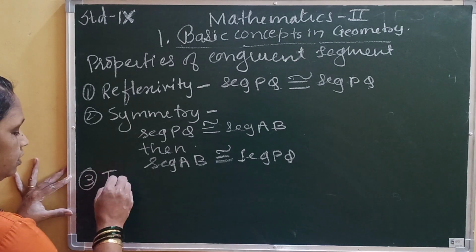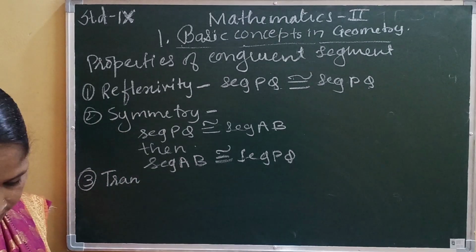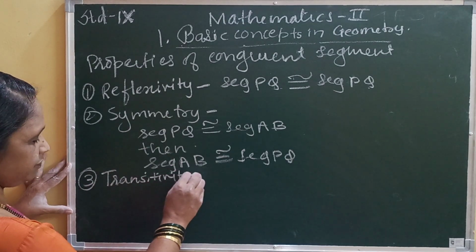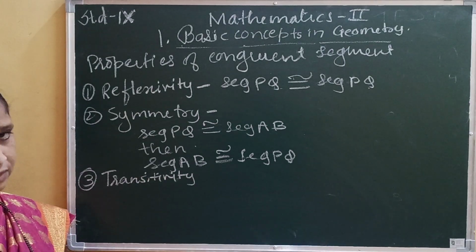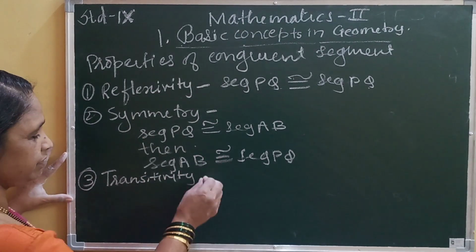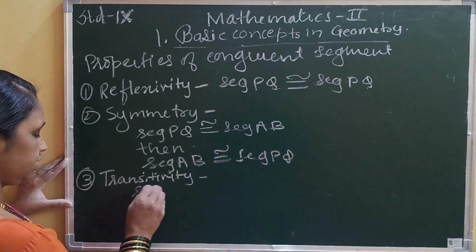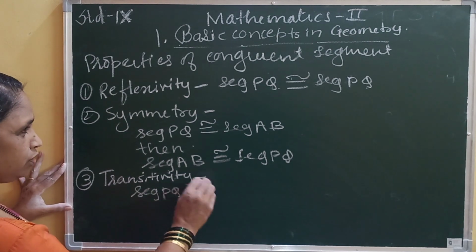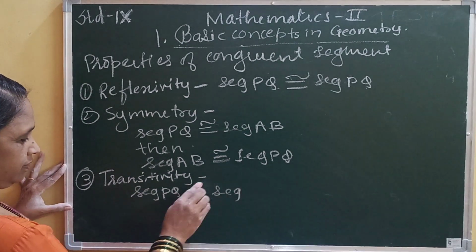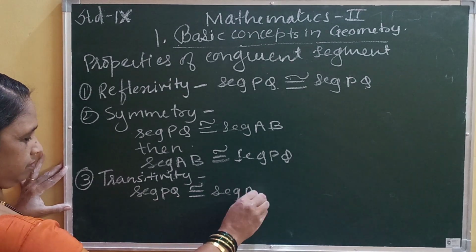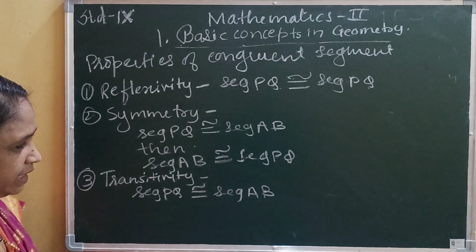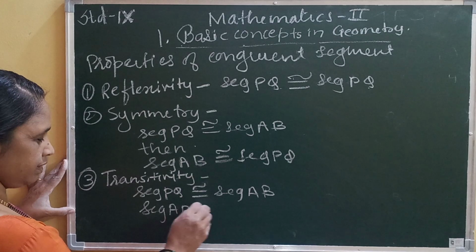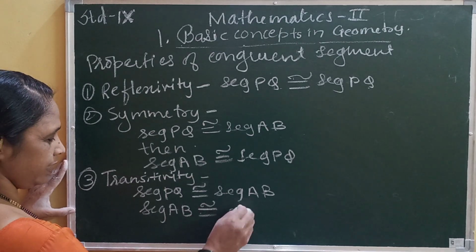Now the third is transitivity. In transitivity, we have three segments. Suppose segment PQ is congruent to segment AB, and segment AB is congruent to segment XY.